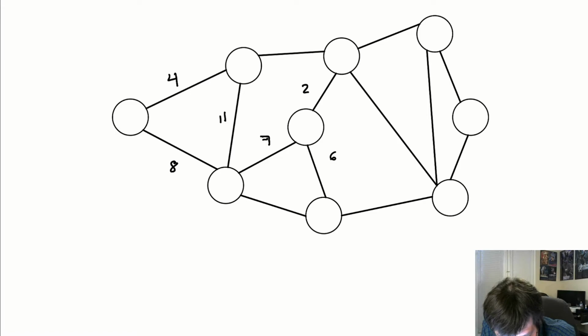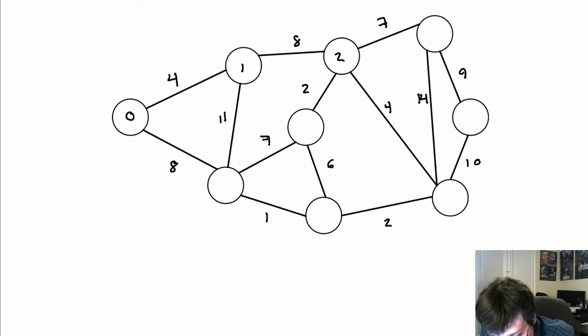There we go. Okay, I think I got all the edges labeled. Yep. Let's make that more clear that it's a 7. We have 14 to, yeah, okay. Let's put some identifiers to these.